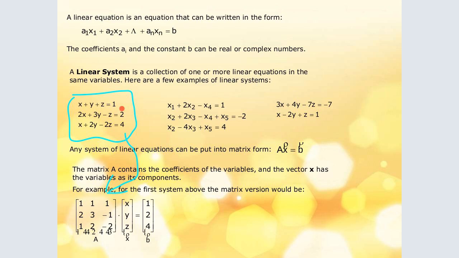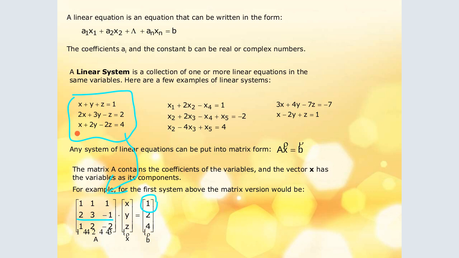Then this one comes outside here. You can see this one outside here. Then we have the second equation, 2, 3, negative 1. So whatever we have at this point is from equation number 2. Hope you can see that.